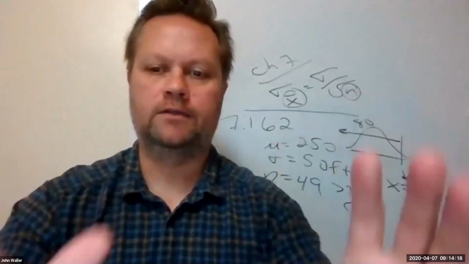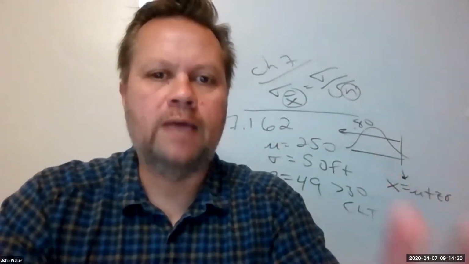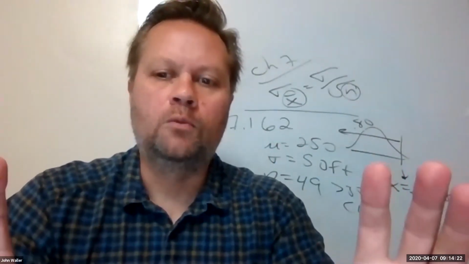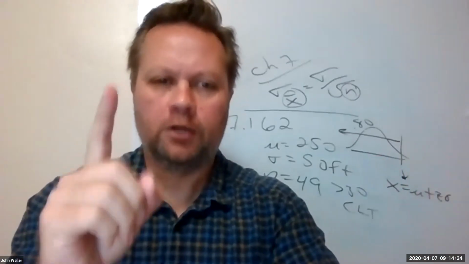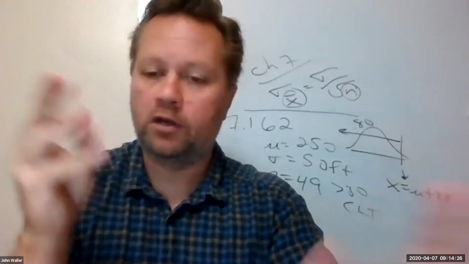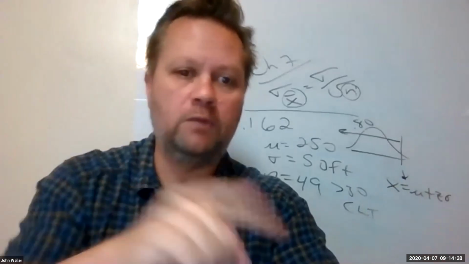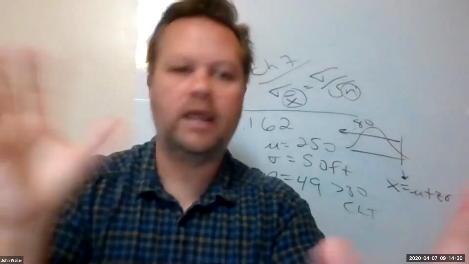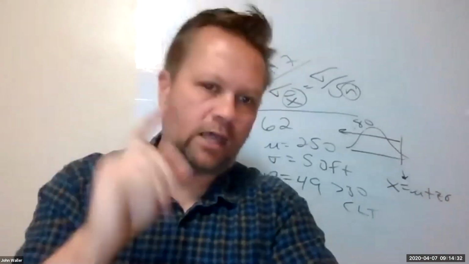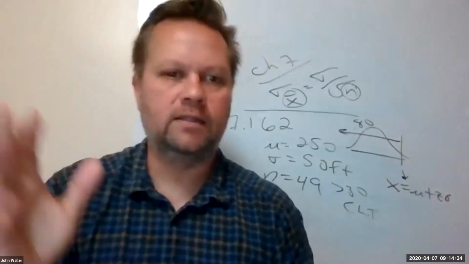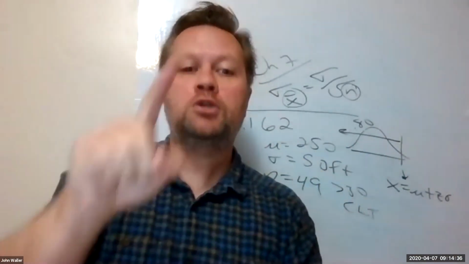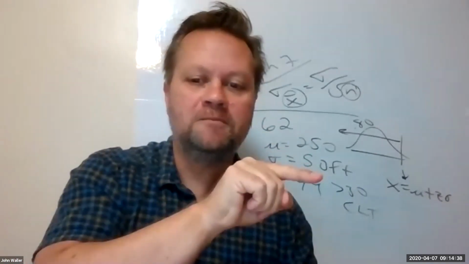And let me try this. You ready? When we do a chapter 6 problem, we have a question about one person or one thing, right? It's always about one rent, whatever. What's the probability that that one thing is greater than this, less than this? So then I want to use a picture of individuals.